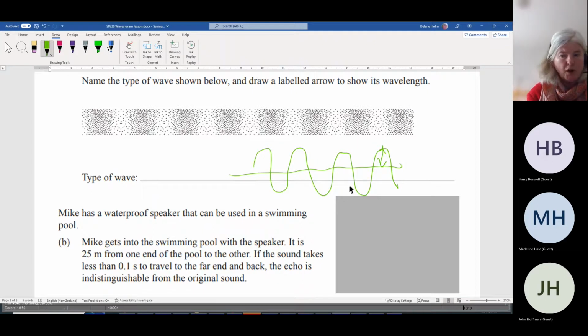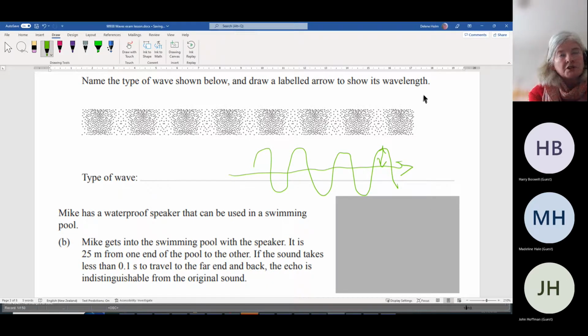Think of a water wave going like that. That is a transverse wave. We call it transverse because the direction of motion is like that, but the particles are going at right angles to it. So if that's the direction of motion, the particles are bobbing up and down.